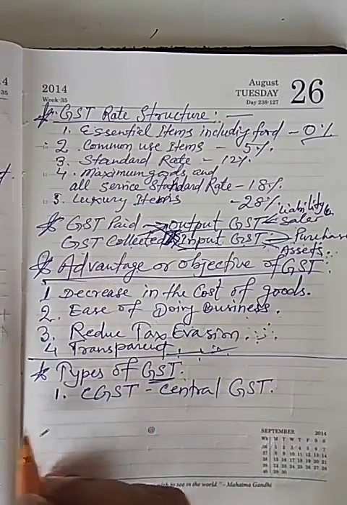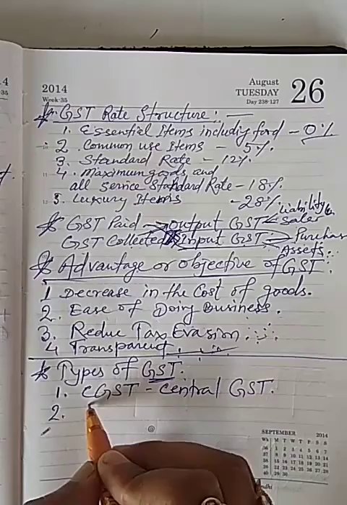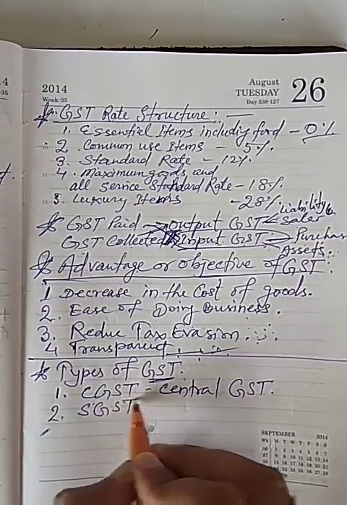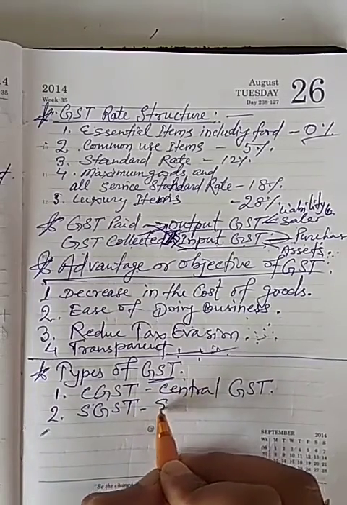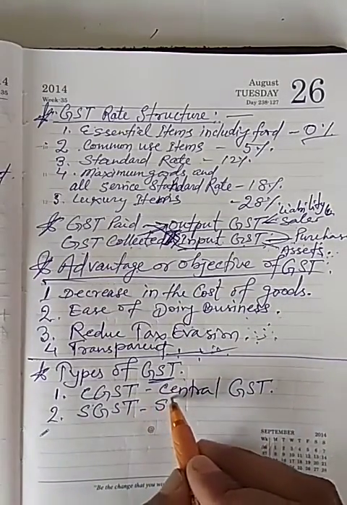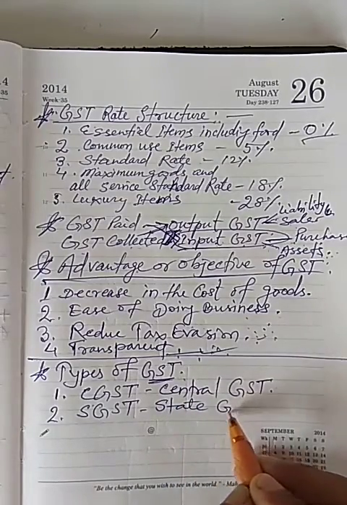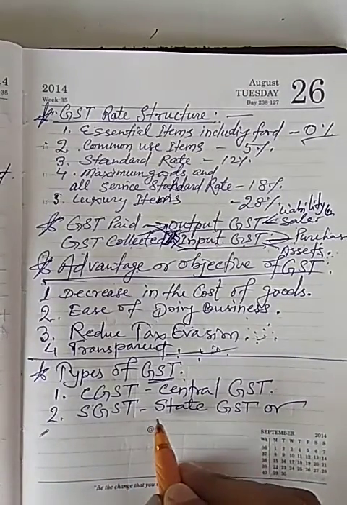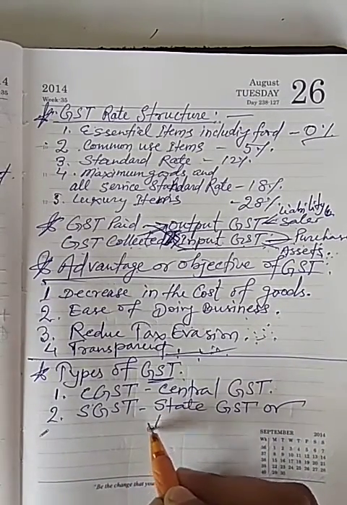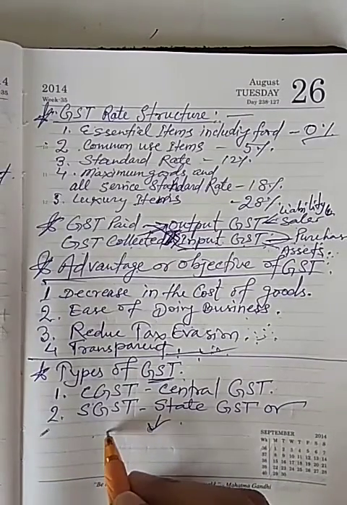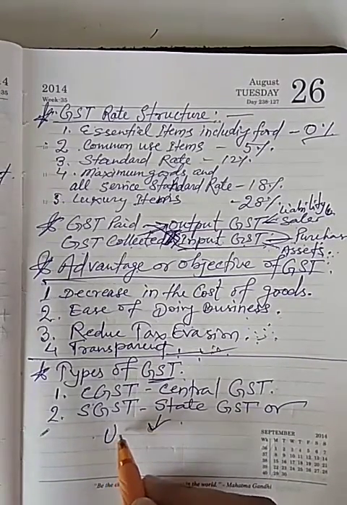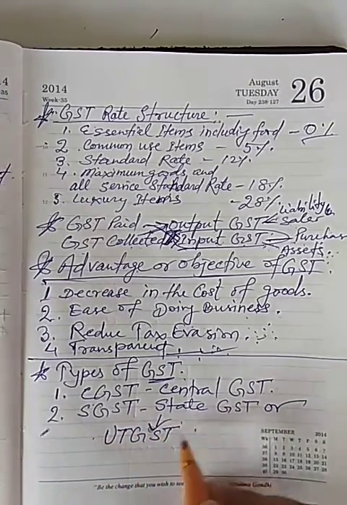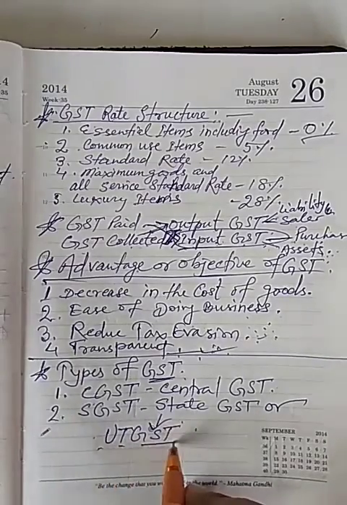Second is SGST, means State GST, or it is also UTGST, Union Territory GST.